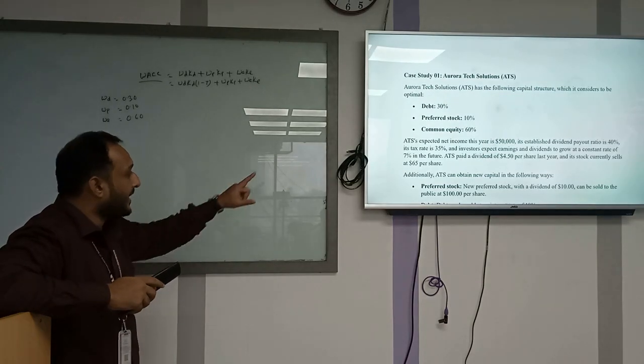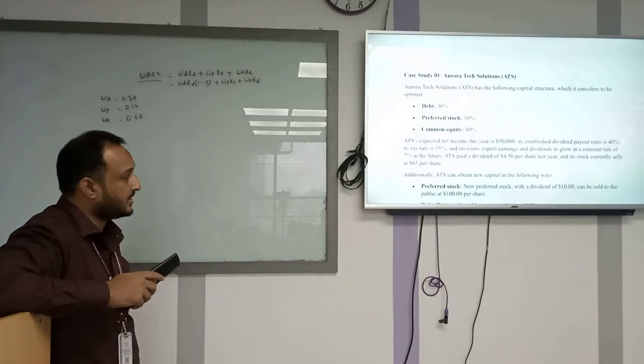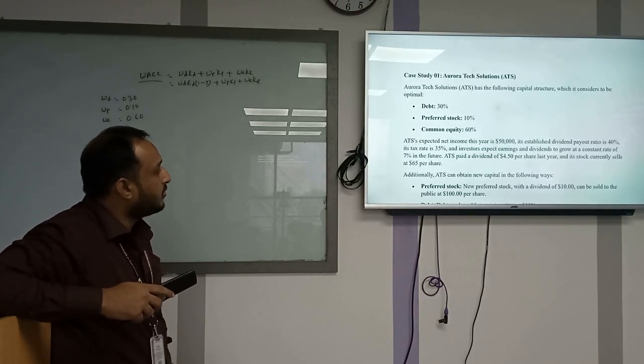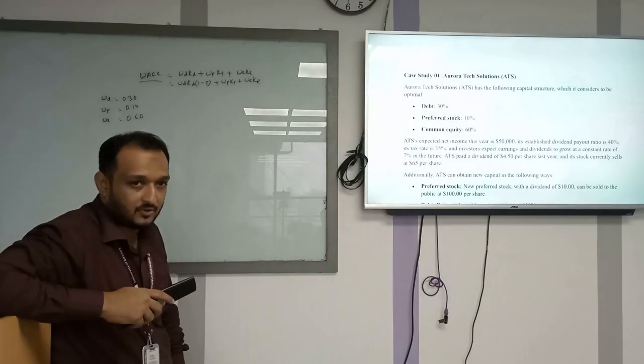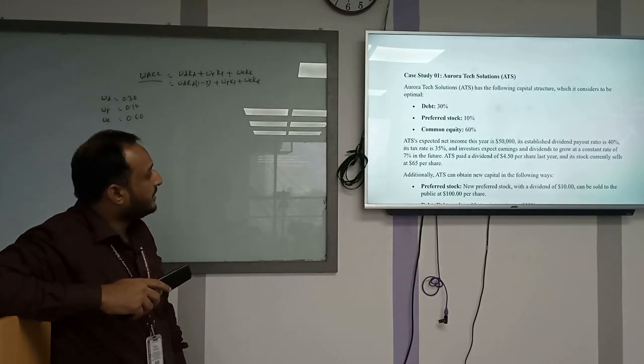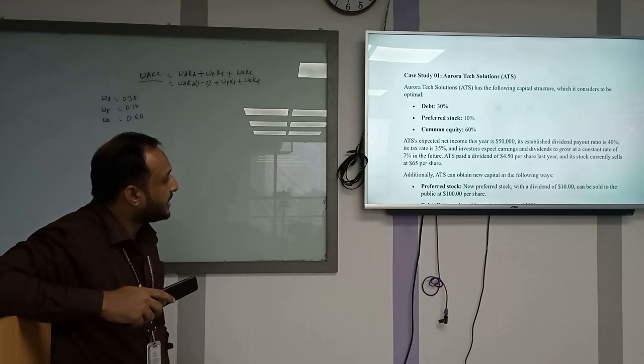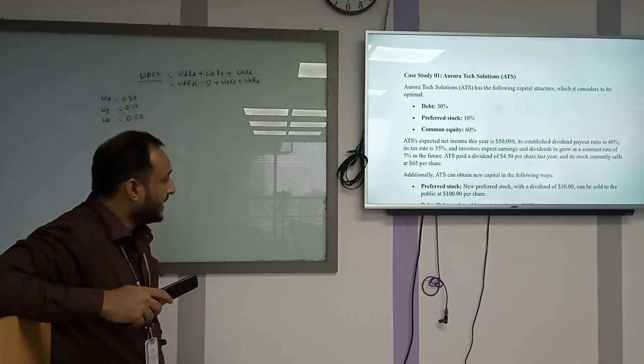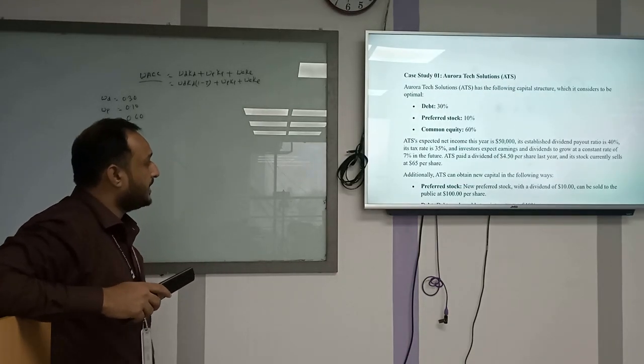Tax rate is 35%. And investors expect earnings and dividends to grow at a constant rate of 7% in the future. ATS paid a dividend of $4.5 per share last year and its stock currently sells at $65 per share.